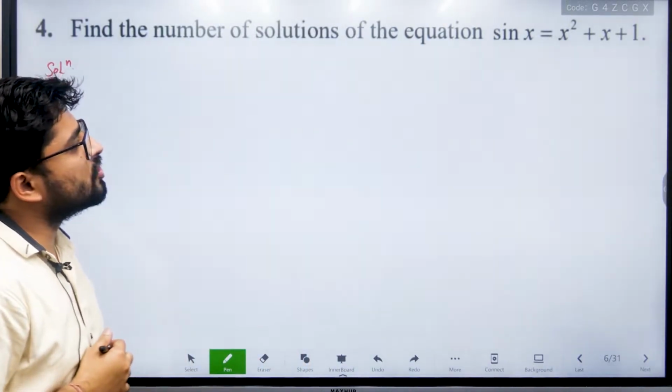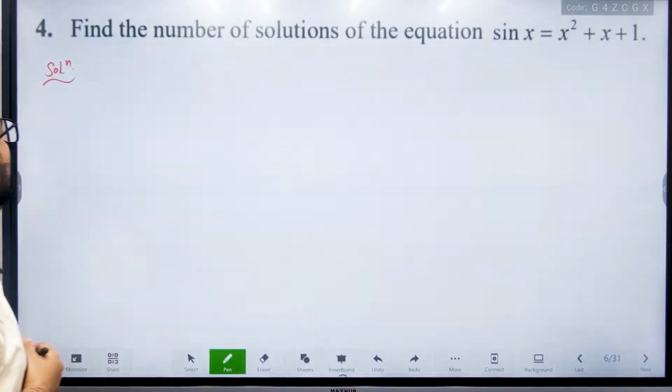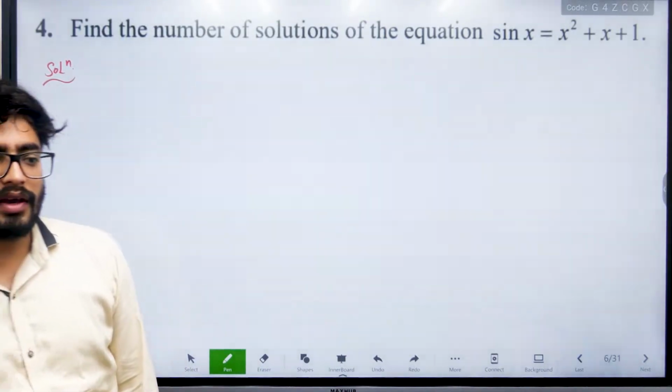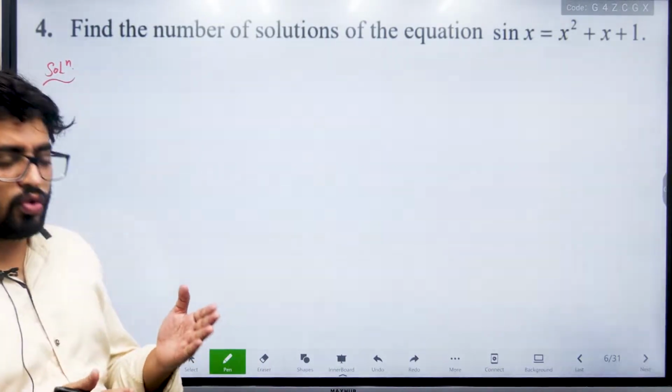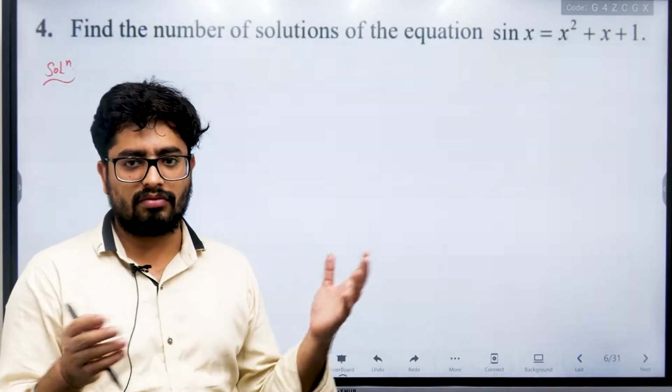Find the number of solutions of the equation sin x equals x square plus x plus 1. Now how can you find the solution here? We'll use the graph. If two graphs intersect each other, the point of intersection is the solution for your equation.